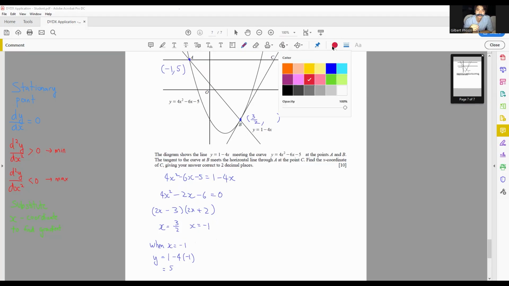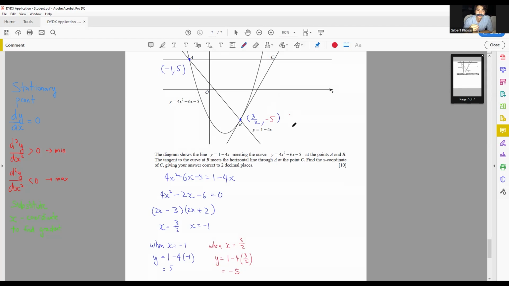Then similarly, when x equals to 3 over 2, y is equal to 1 minus 4 times 3 over 2. This will give me negative 5. So this coordinate here is negative 5.